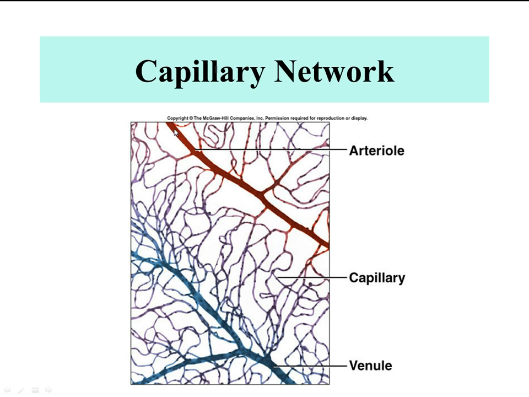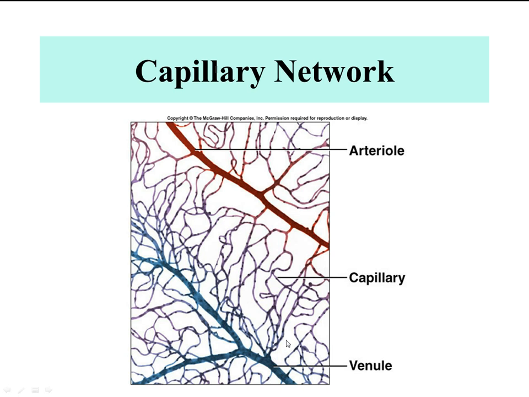Now again, as the arteries branch off, we call that divergence, and it branches again and again and again. It's smaller, thinner walls, all the way down to the endothelium when it becomes a capillary. Then that endothelium becomes the inner lining, the tunica interna of these venules.